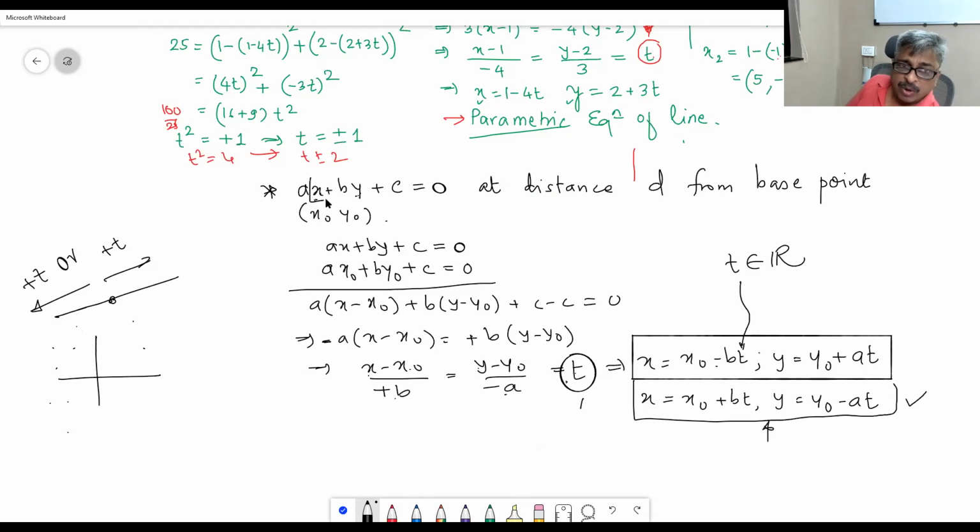So this (x, y) has geometry to do, and that geometry is variable geometry. Therefore, they are called variables. I mean, the geometry can move around in the x-y plane. Therefore, x, y are variables. However, this t is purely algebraic. It's a real number. And it will produce some real number out of its use. Now, if you put the condition, then you have to find out t and produce those numbers.